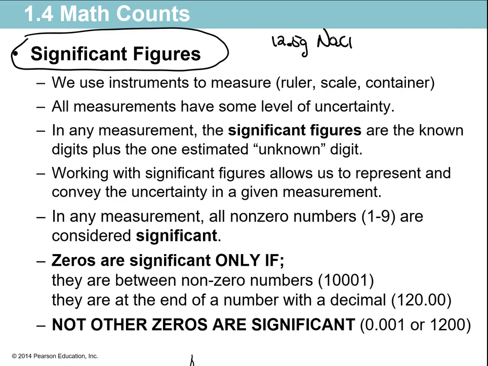So all of these are considered significant figures. They are all what they call the known digits plus the last one, which is always the estimated. So there would be 3 significant figures in this number.